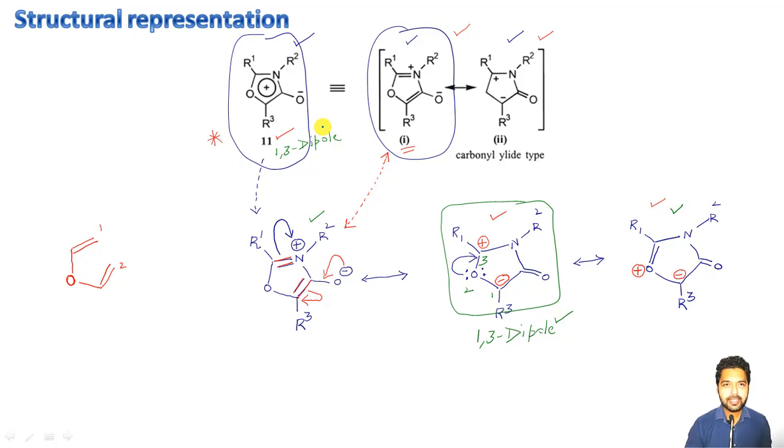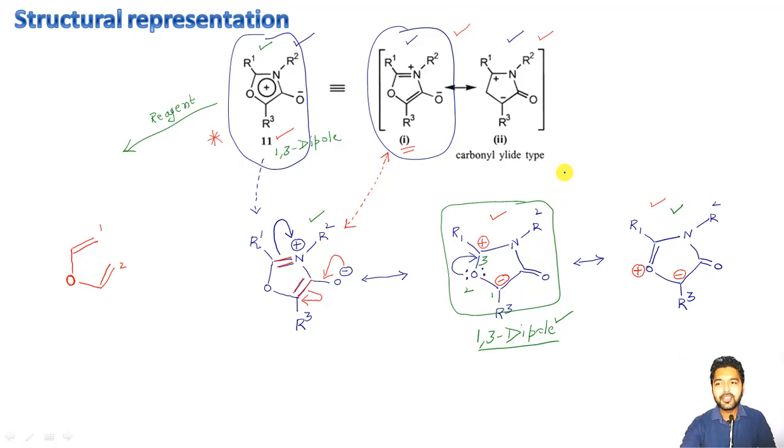So what you can see here is that if we want to study the chemical reaction of this molecule, meaning I'm adding some reagent here, it will be some sort of 1,3 dipolar cycloaddition type of reaction. Why is it so? Because it is generating such 1,3 dipoles in the reaction, which will give further reactions in that particular sequence of reactions, right? So this is the important part here, right?